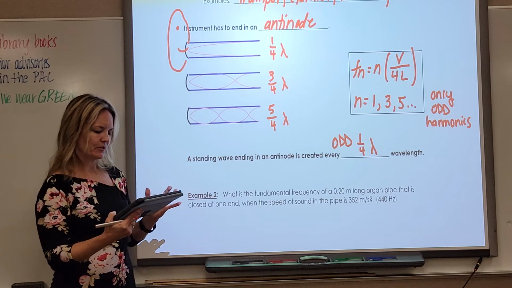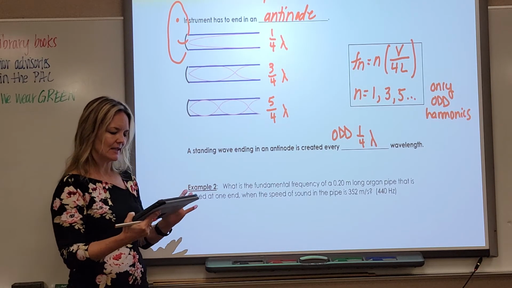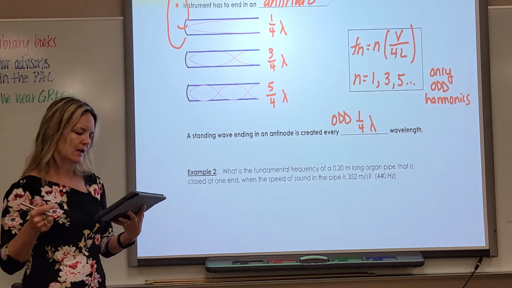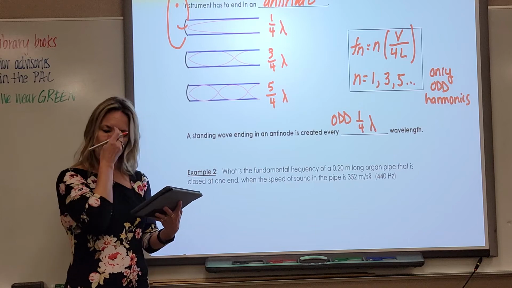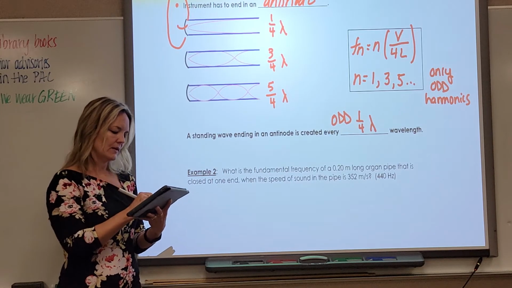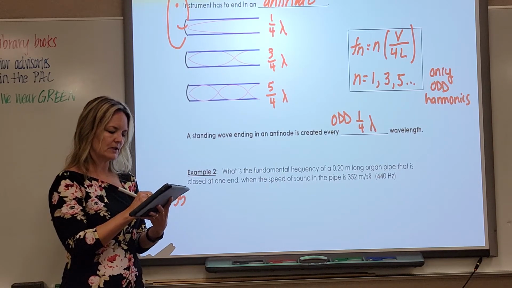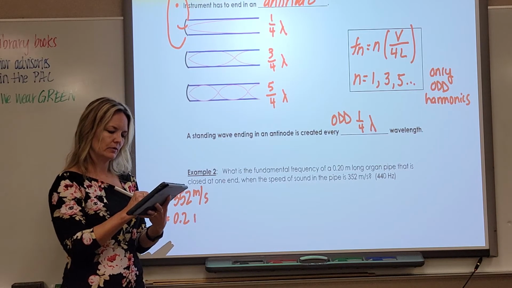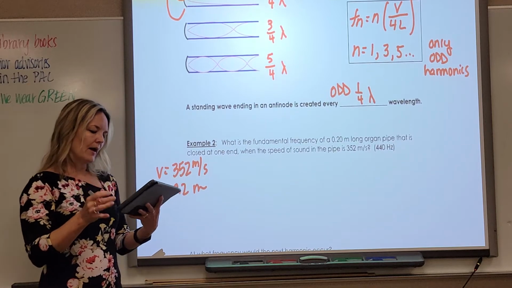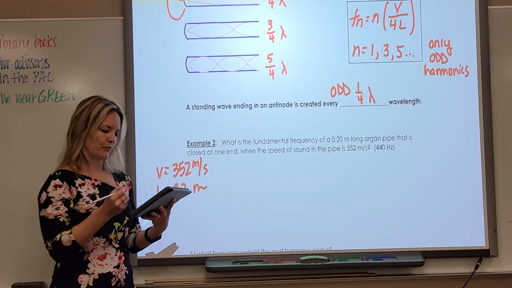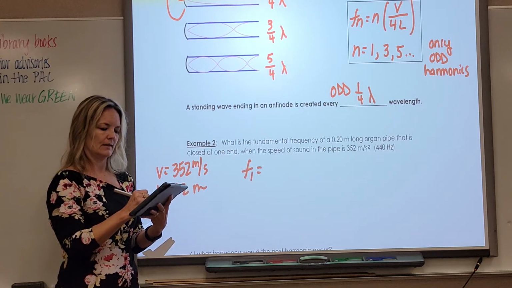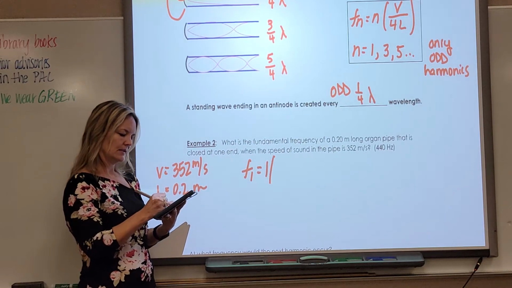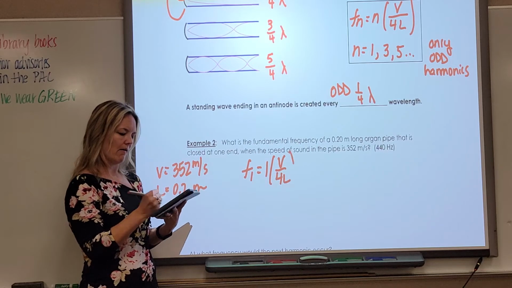All right, example number 2. What is the fundamental frequency of a 0.2 meter long organ pipe that is closed on one end when the speed of sound in the pipe is 352? So speed of sound, 352. The length is 0.2. I want to find the fundamental frequency, so that means n equals 1 times v over 4L.